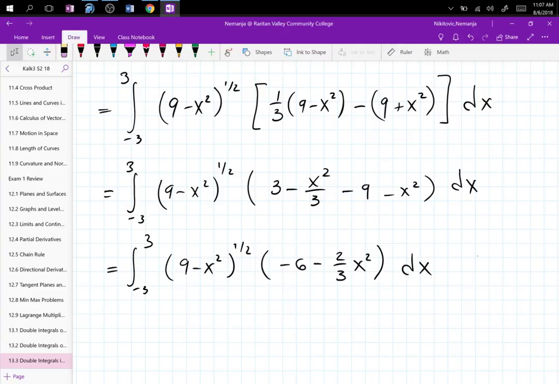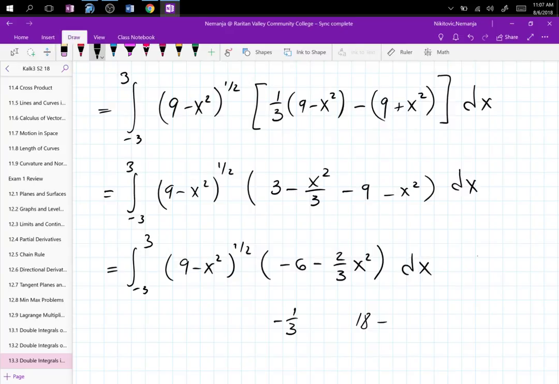So now we have to use trig sub, right? It's going to be trig sub. Can I factor out -1/3? If I factor out -1/3, this will be 18, right?